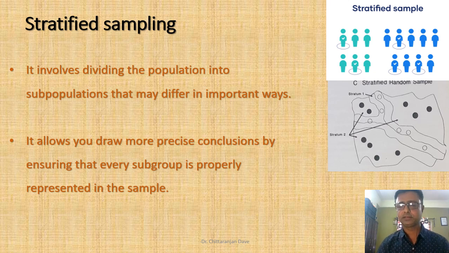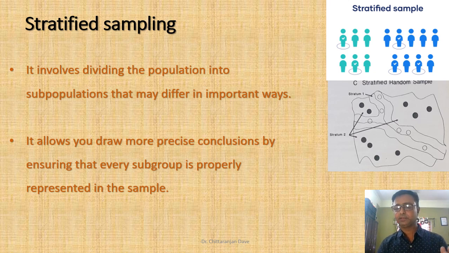However, we know that population individuals are not randomly located in a population, or the objects are not arranged in a random manner. So there are some patterns, sometimes male, female in a population, or different socioeconomic groups, or some regional thing, north, west, south, east.